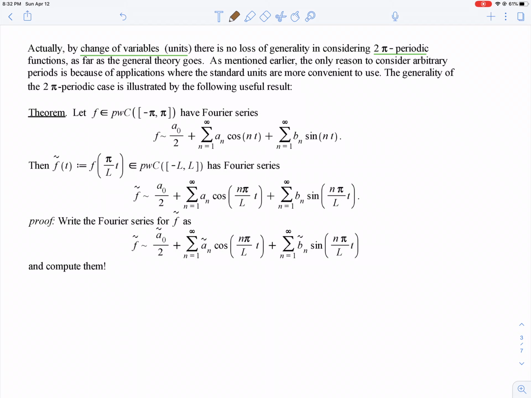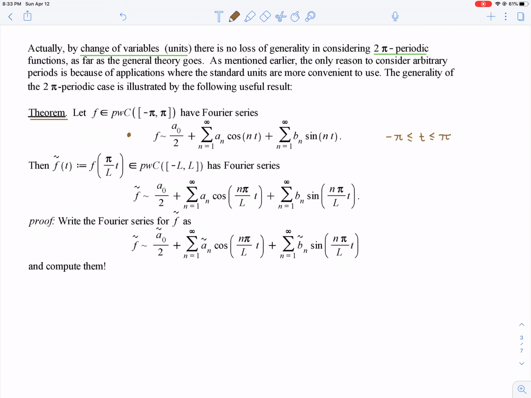So here's the theorem. Let's start out with a 2 pi periodic function with a known Fourier series. And now consider the rescaling of that. So originally, in this function, in the f, the t's are going from minus pi to pi.